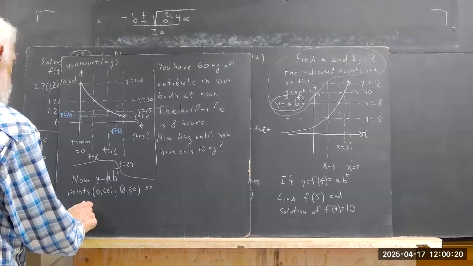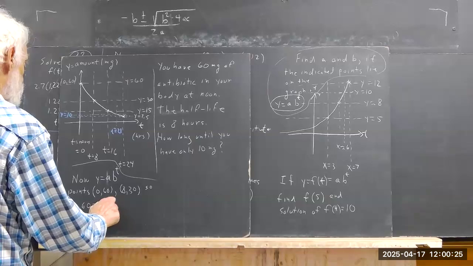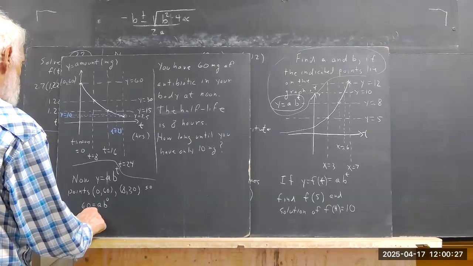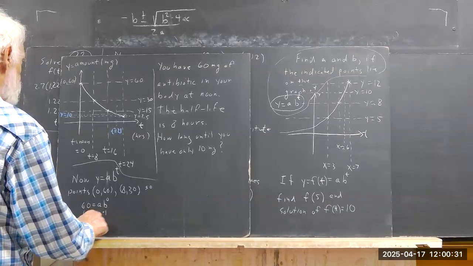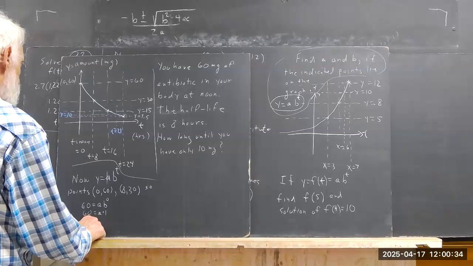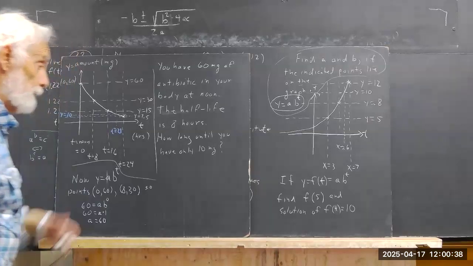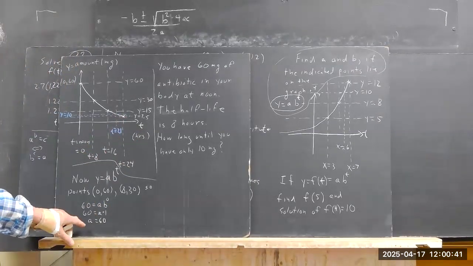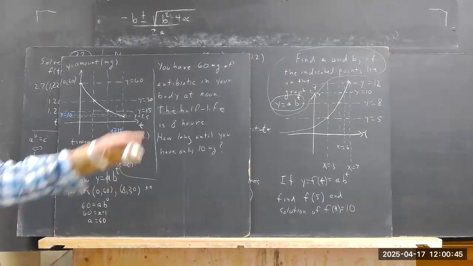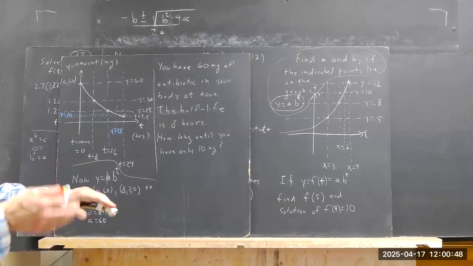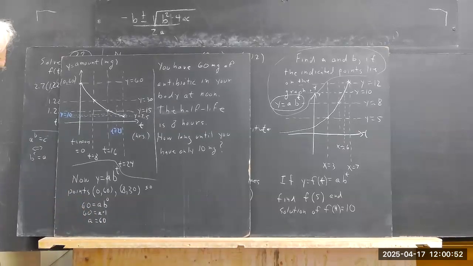So 60 equals a times b to the 0. 60 equals a times 1. So a is 60. Unlike the example we started with, where the values of a and b were kind of mixed up, here we've already got a equals 60.